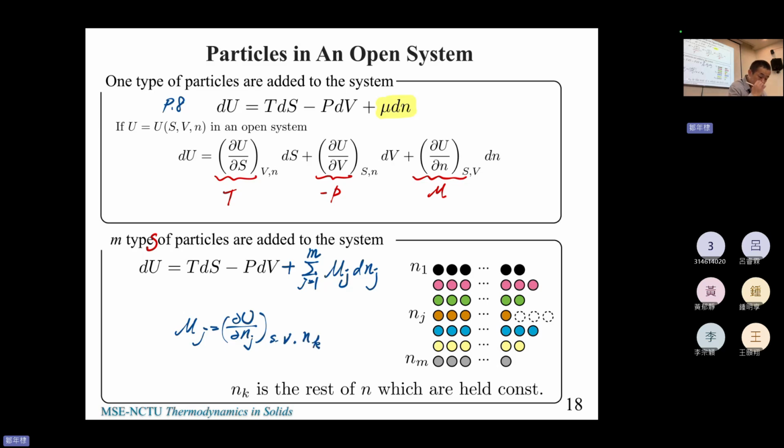Okay, this k you need to be a little bit careful. The k here is the rest of the n, not only one. If you are talking about mu1, the nk should be n2, n3, n4, n5, n6, and so on to nm. So this is the rest.